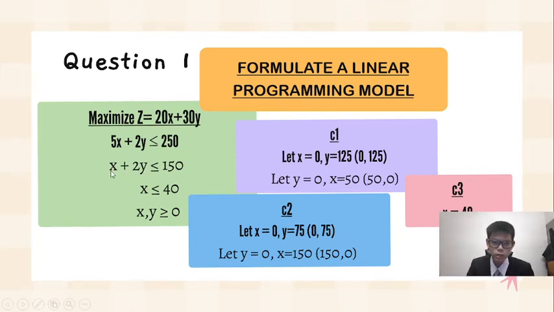The formula is x plus 2y smaller or equal to 150. The third constraint is x smaller or equal to 40. All of this, we assume that x and y are equal or greater than 0.